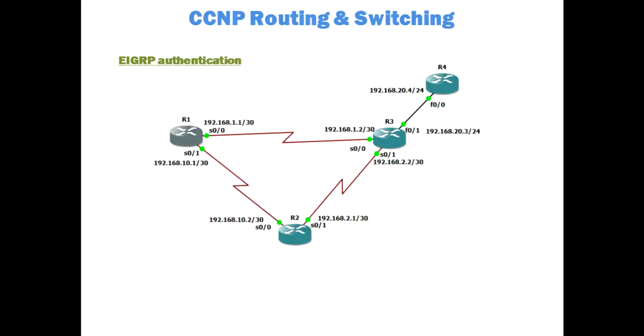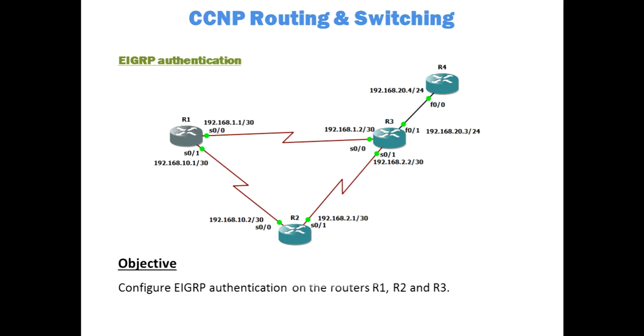Lab. I did this network using GNS3. Here we have 4 routers, R1, R2, R3, and R4. We will configure EIGRP authentication on the routers R1, R2, R3. Before doing that, let's see the EIGRP neighbor relationship for each router.